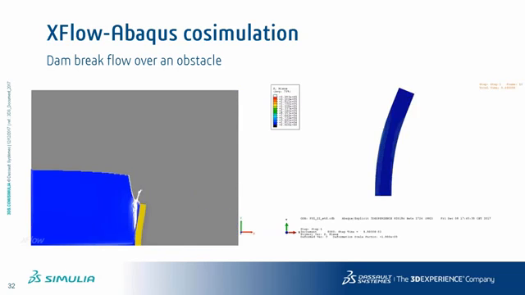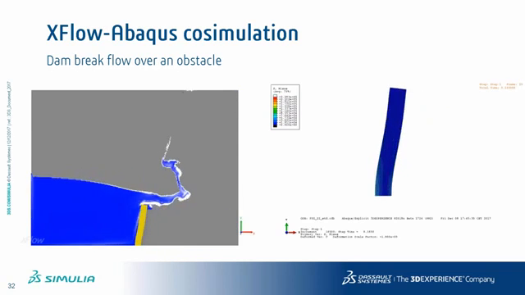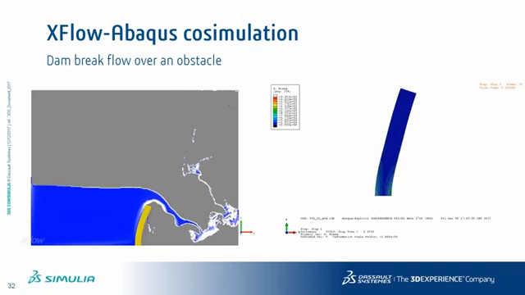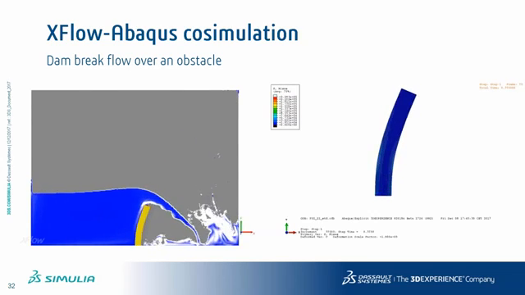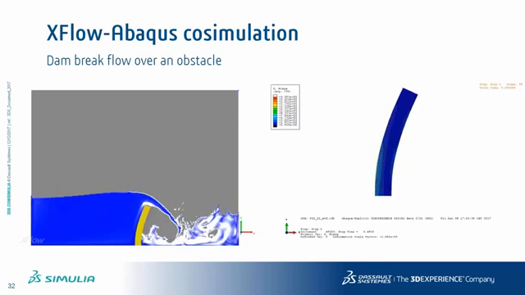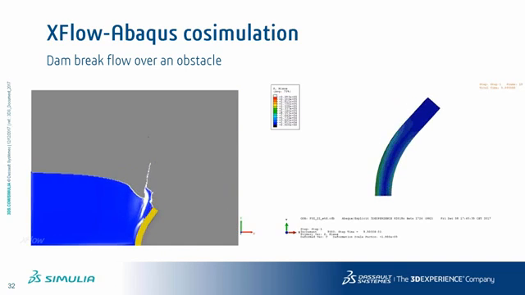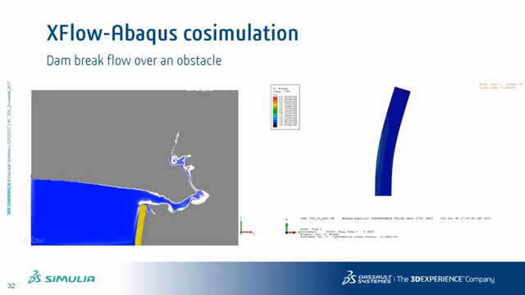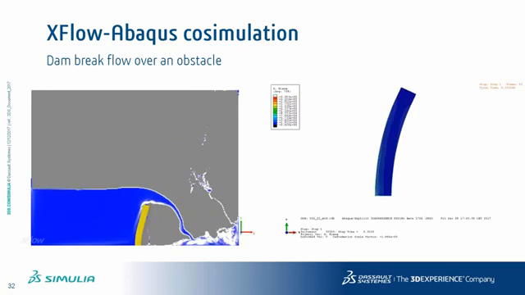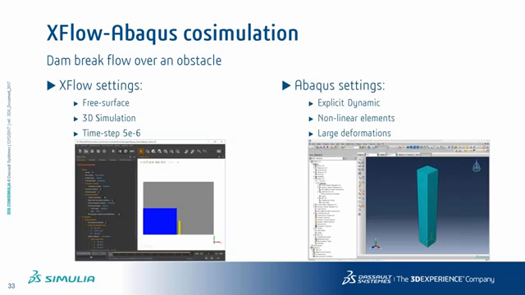We have the free surface on the left-hand side in XFlow and some really nonlinear, highly deformable geometries in Abaqus. We're going to set up the case, and I'm going to show you how to run the case in Abaqus and in XFlow, and how the co-simulation works.